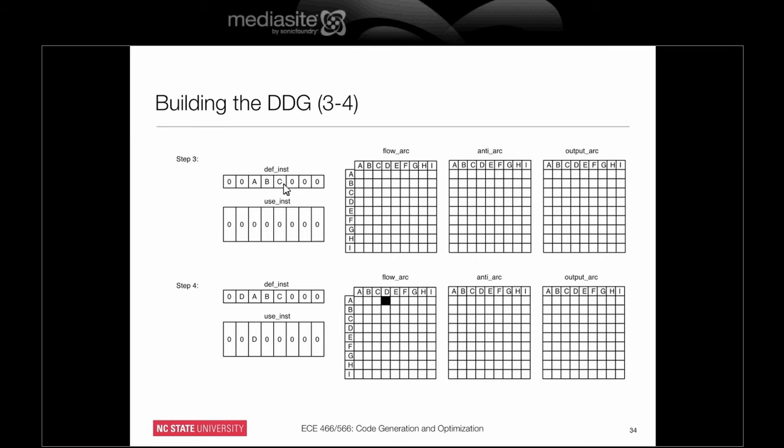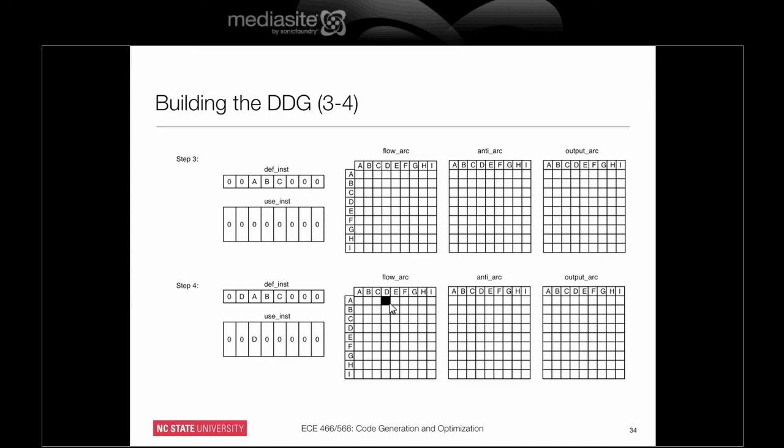Now we go into instruction D, and now something more interesting happens. We're going to look at D's source registers, and D uses register 2. So we'll look to see what instruction used register 2, and that would be instruction A. That means we're going to update this matrix to say there's a true dependence from A to D. We would also look to see whether any previous instructions use register 1.